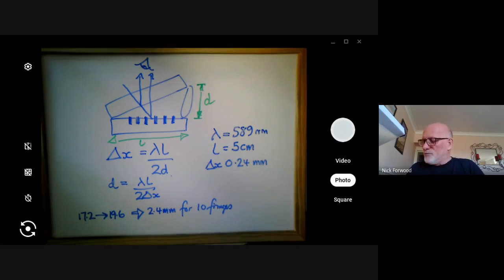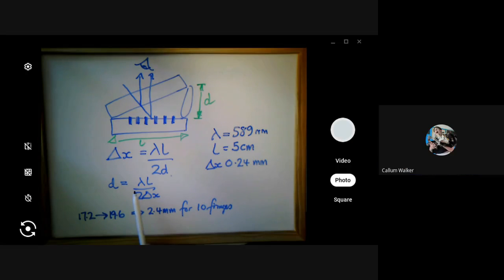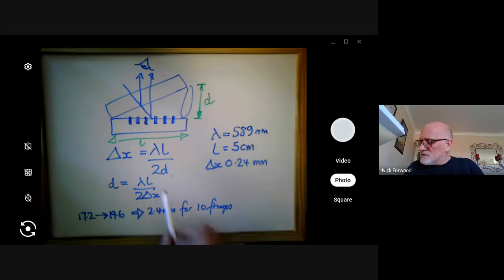So on your piece of paper, we need to do 589 nanometers. What's that in times 10 to the negative what? 9, yes, good. So we have 589 times 10 to the negative 9, our wavelength in meters.